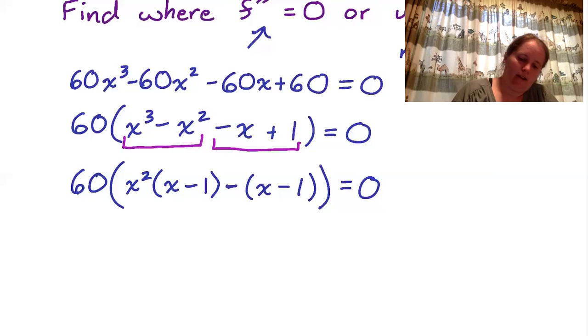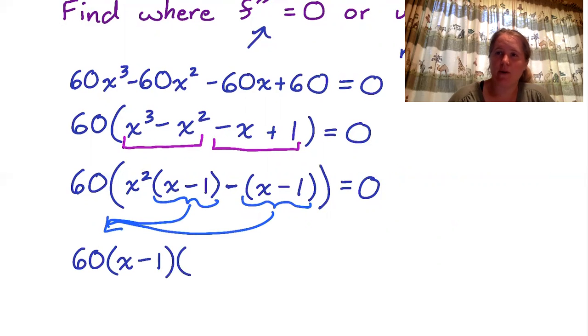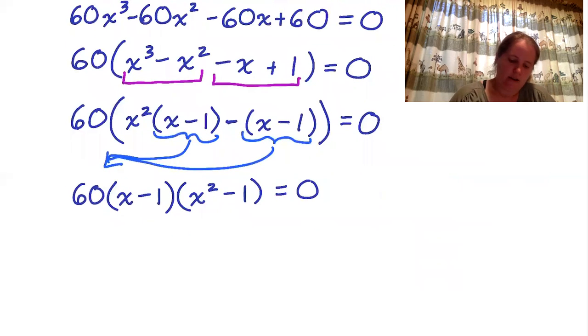Then we can take our x minus 1s and pull those out front. And we have 60 times x minus 1. Inside, we are left with x squared minus 1, all equal to 0. X squared minus 1 is x minus 1, x plus 1.